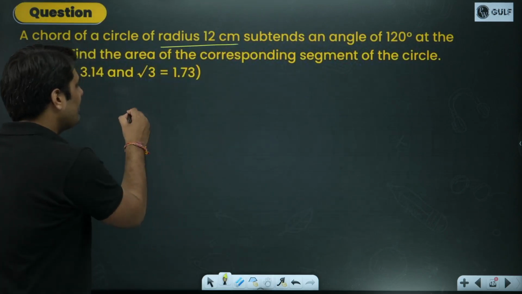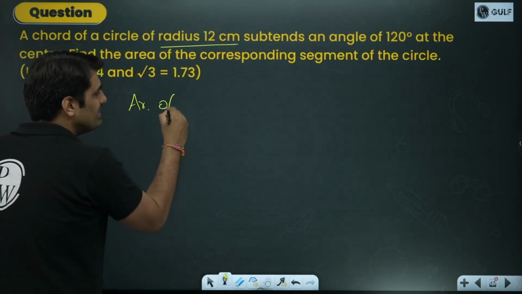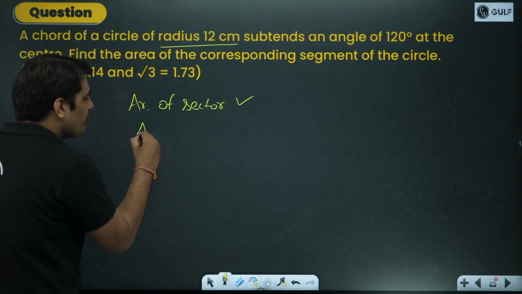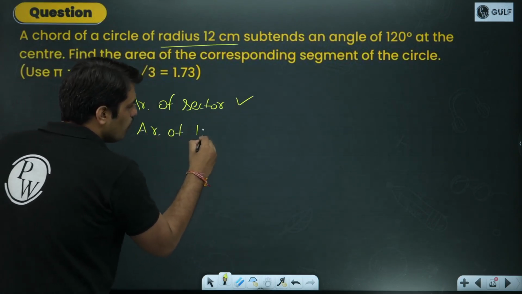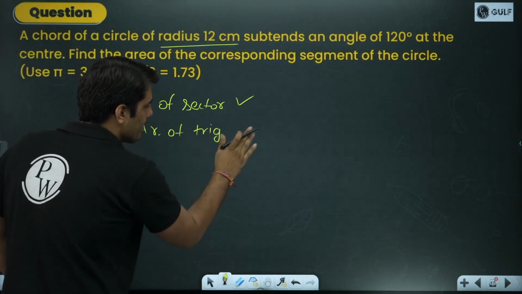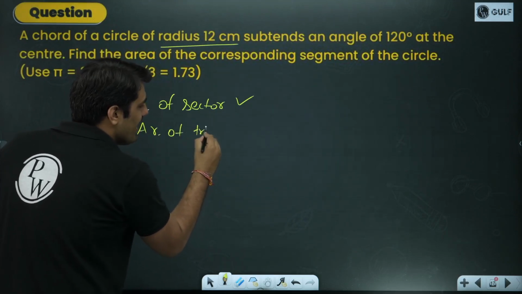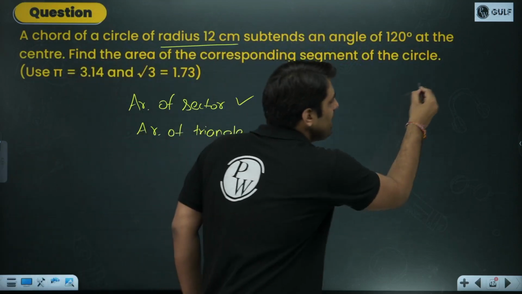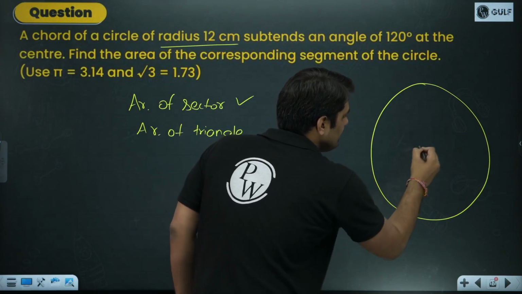So the area of the sector is very simple. This can be done. What about the area of the triangle? For the area of the triangle, look into the figure first carefully. Here we have the circle. This is the sector.